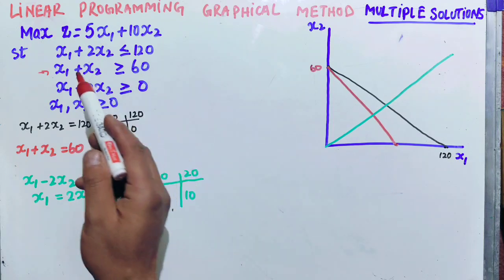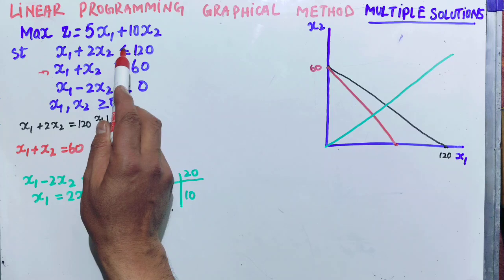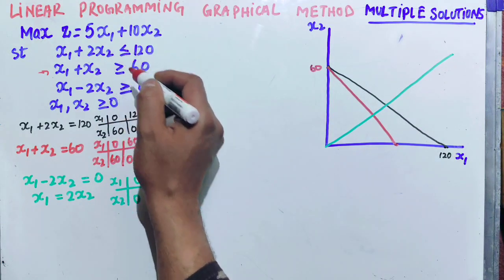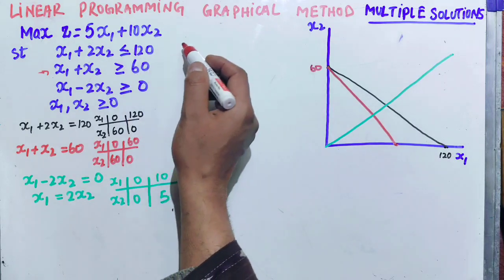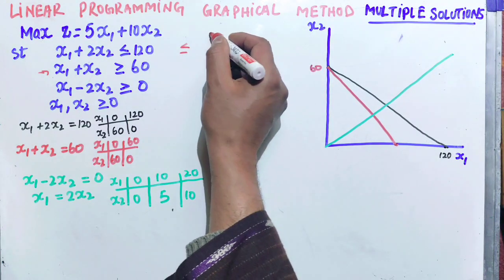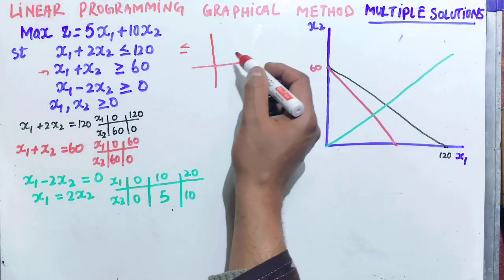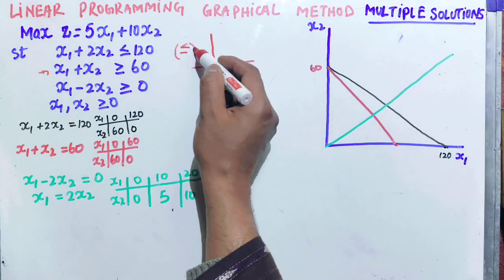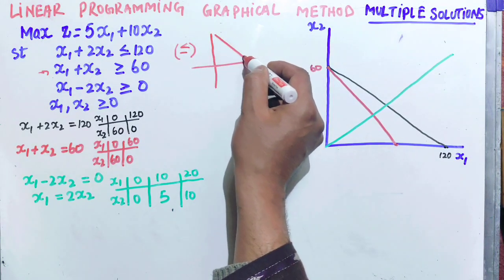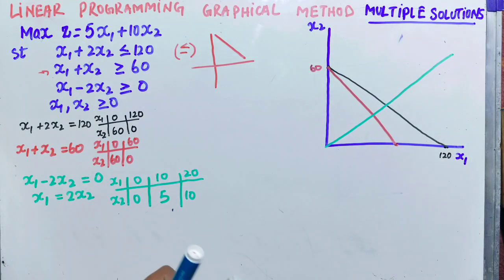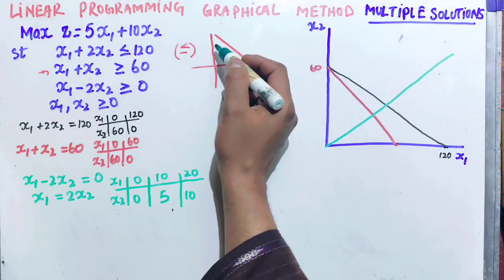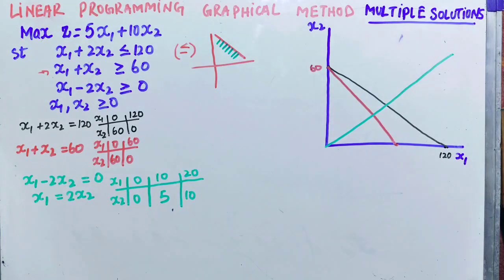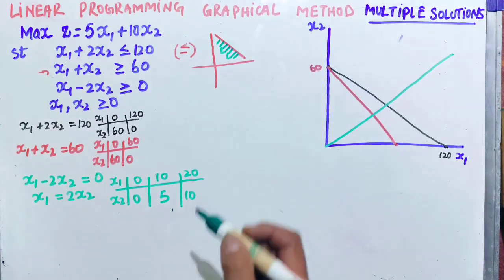Now in the first case we have x1 plus 2x2. Since we have this inequality sign, less or equal to, let me put it simply. When we have this less or equal to sign, and we have, let us say, this very line, then we shade the area below, so in this direction we shade the area.